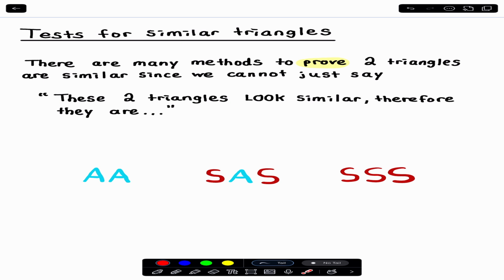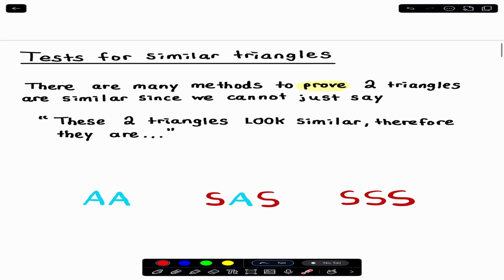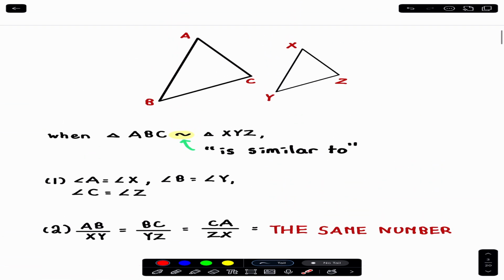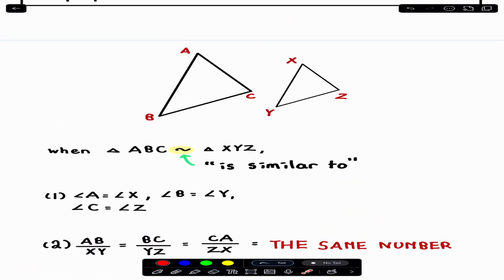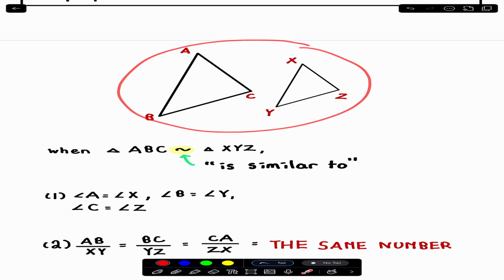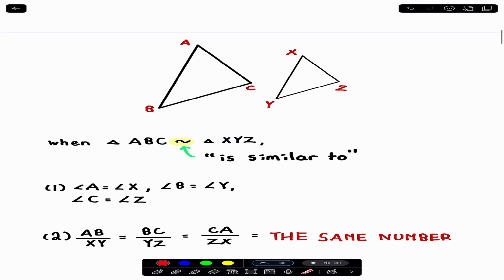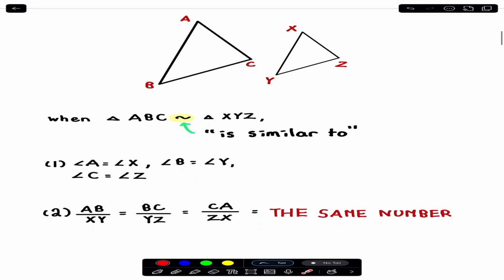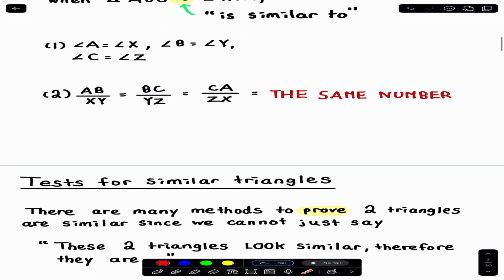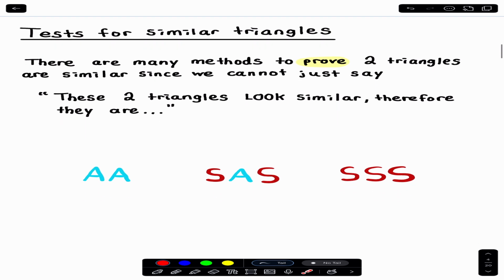We cannot just say, unfortunately, these two triangles look similar, therefore they are, which is kind of what we've been doing so far. They kind of look the same, right? But now we have three rigorous tests to show that it is indeed similar.